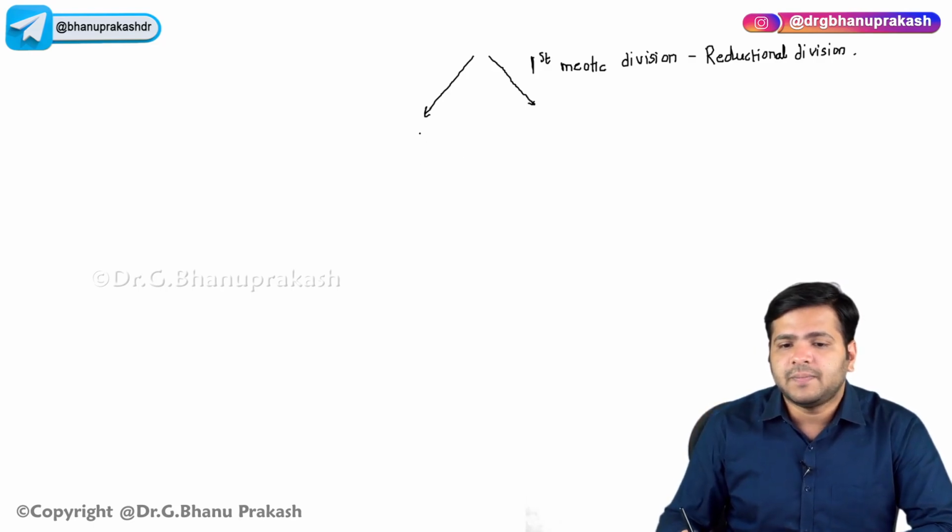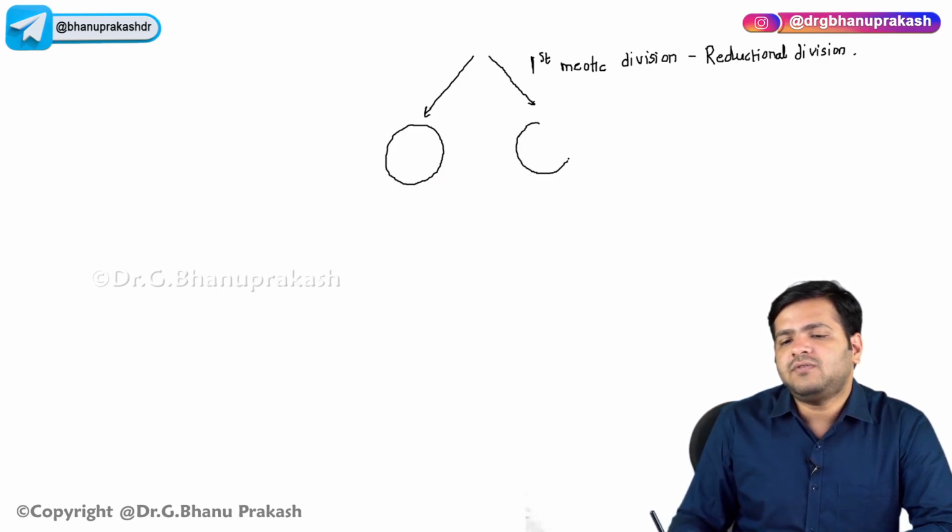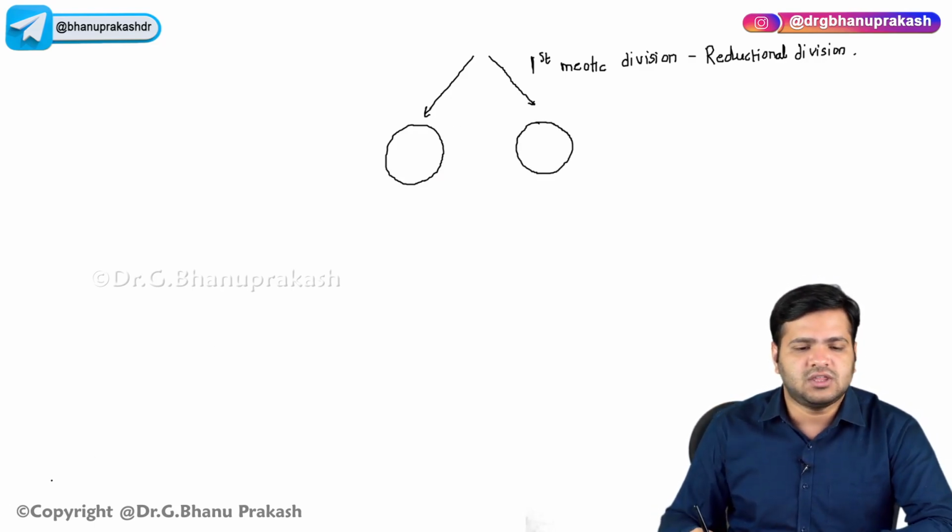So the resulting secondary spermatocytes will have 23 chromosomes each.